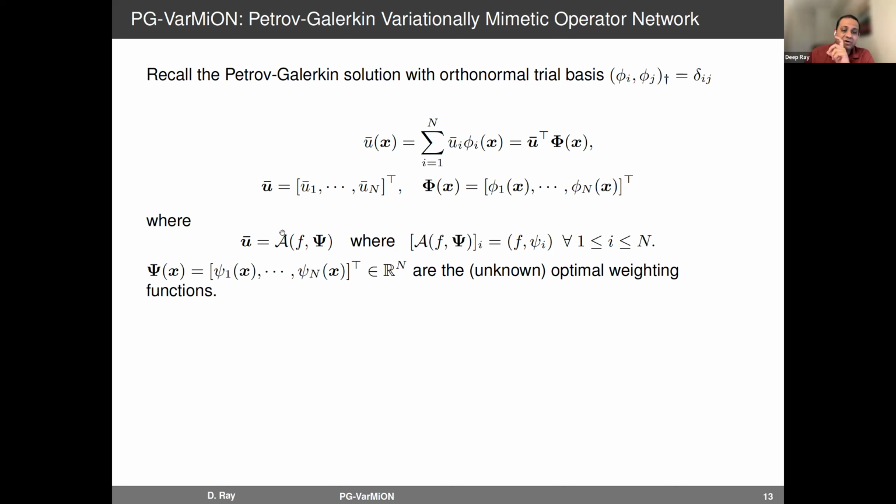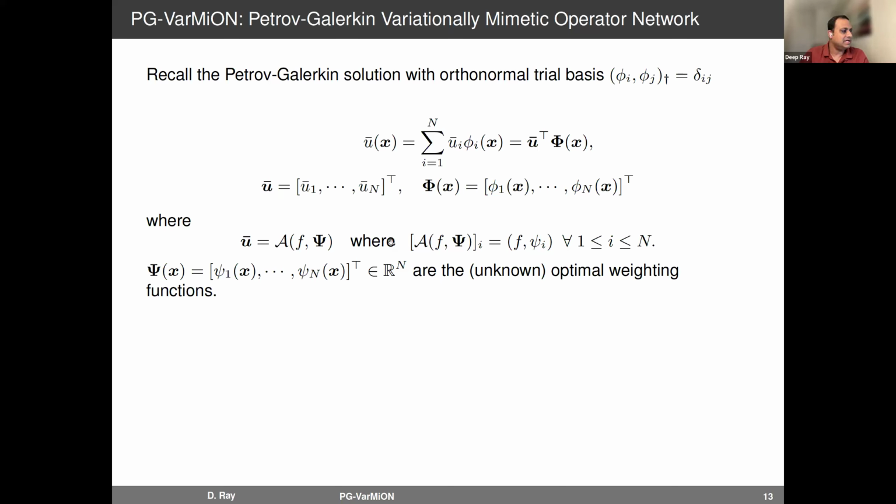And if you plug it into the alternate Petrov-Galerkin formulation, you get this equation for the coefficients u bar, where you have this vector on the right-hand side, which is linear in f and psi, and its ith component is nothing more than the inner product between f and the weighting function psi i, where f is the source function that you're feeding as input.